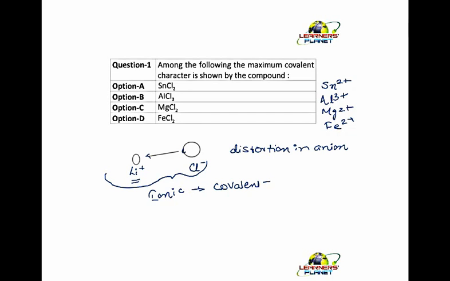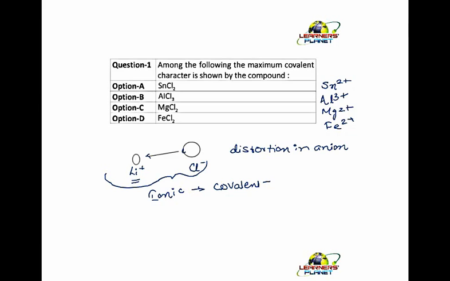Now, of these cations, we need the one which has the smallest size. You must know that as the positive charge on an atom or ion increases, its size decreases.